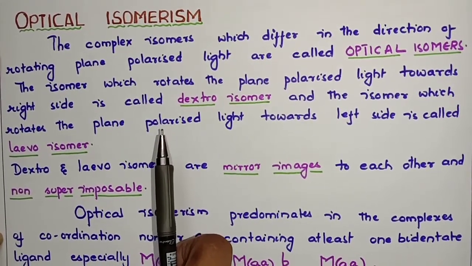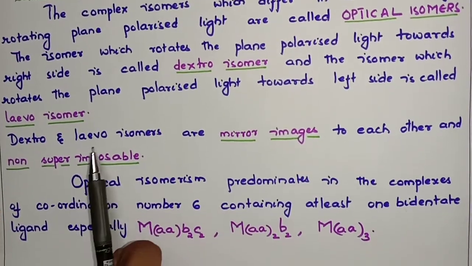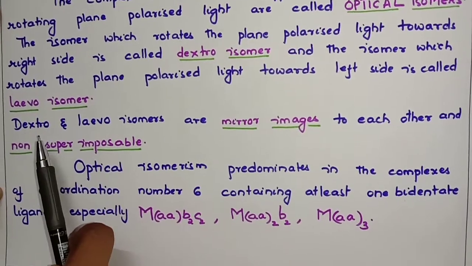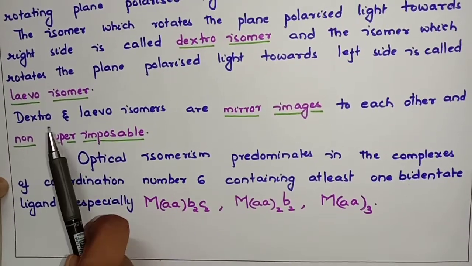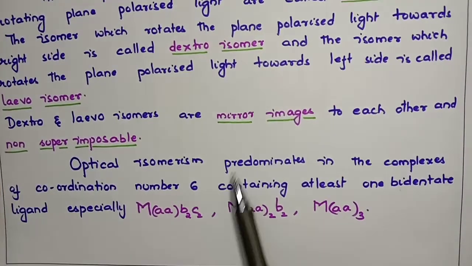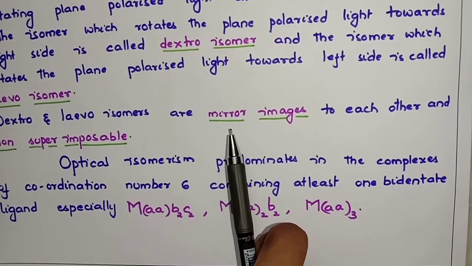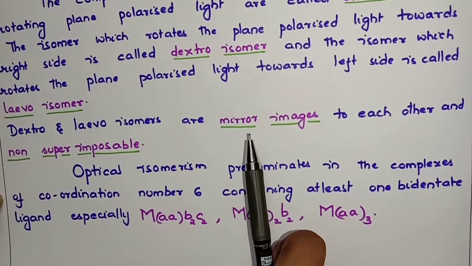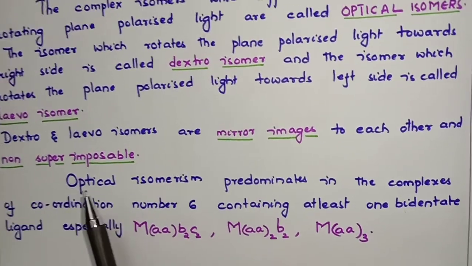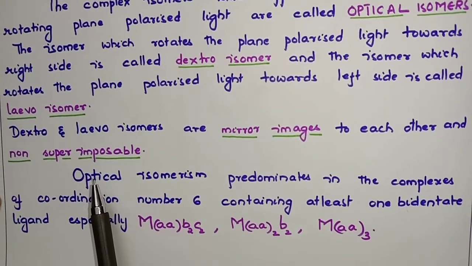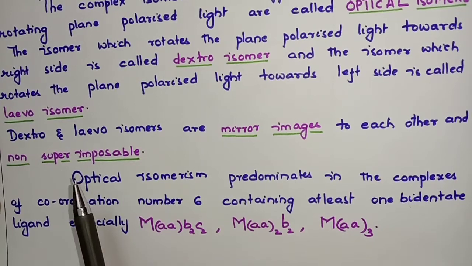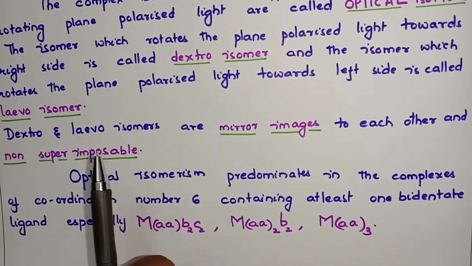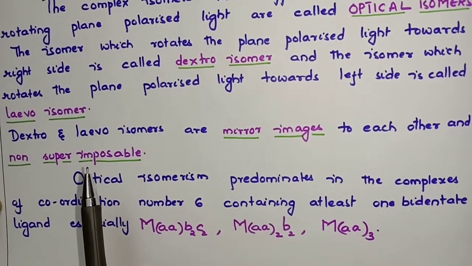Hope you understood. Now, the dextro and levoisomers, that means this is rotating towards the right side, this is rotating towards the left side. So these two isomers are, how are they, students? They are like mirror images of one another, and they are non-superimposable. That means the same group does not come on the same group when they are placed one above the other.